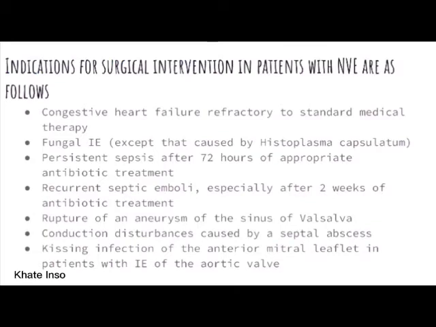So the next one is indications for surgical intervention in patients with native valve endocarditis.